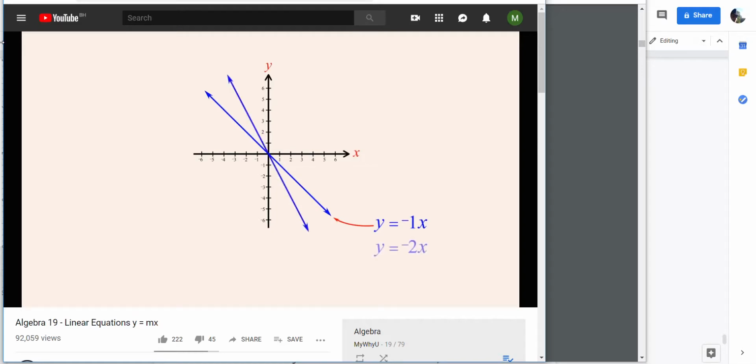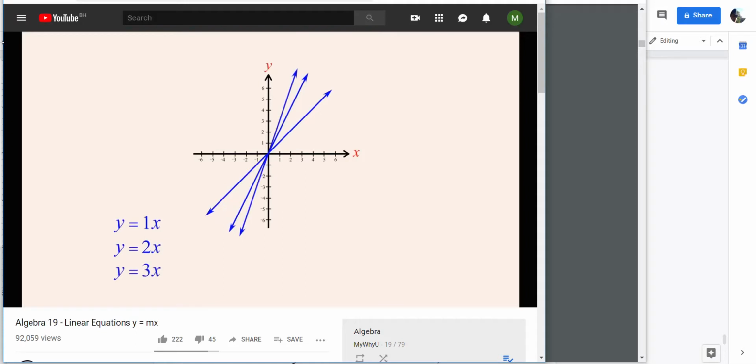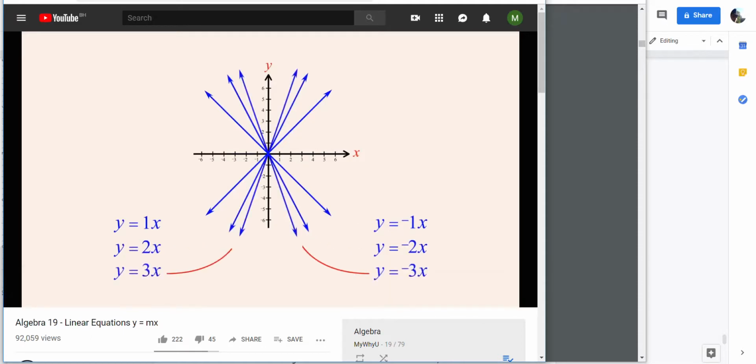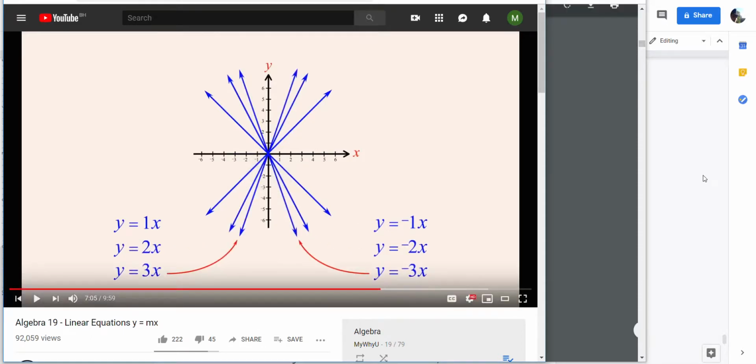Increasing the magnitude of this negative coefficient produces lines with a greater downward slope. So the sign of the multiplier determines whether the line slopes up or down, and the magnitude of the multiplier determines the magnitude of the slope. Should write this down.